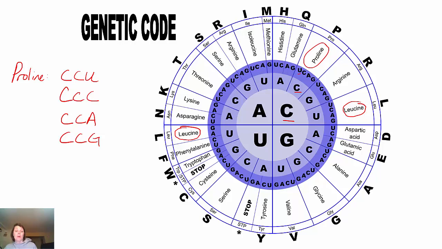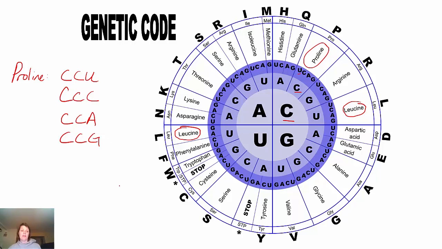So you need to be able to go in both directions. If I give you the codon, tell me what the amino acid is, and then if I give you the amino acid, tell me what possible codons would code for it.